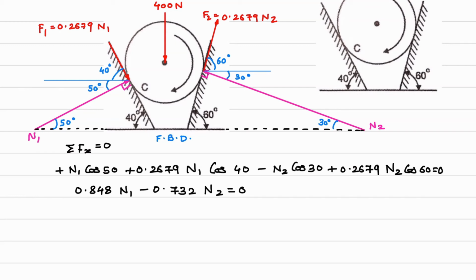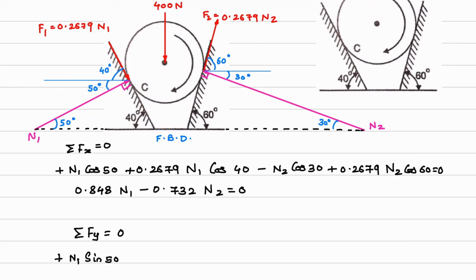Next, summation of all the forces in y direction is equal to 0. Okay, so we will consider summation of all the y components, it will be equal to 0. So N1 y component, it is in upward direction, plus N1 sine 50.